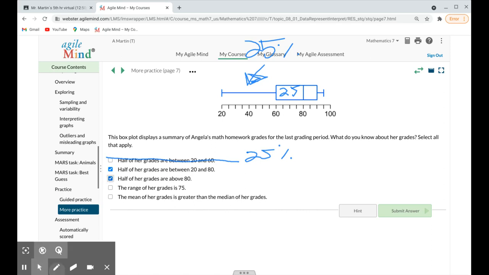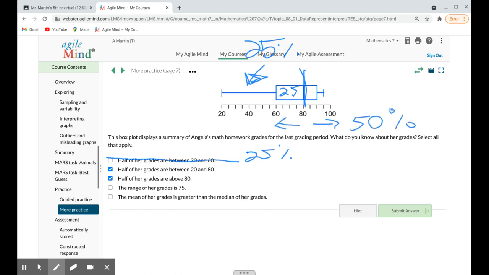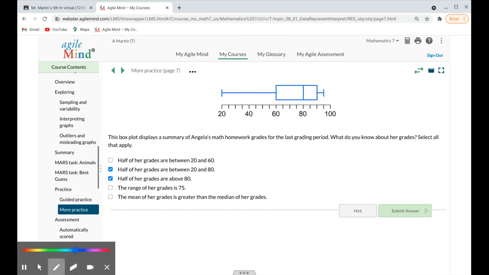I do. Because if this is 80 and that's the median, remember about the middle of the class, I said anything to the right of the median makes up how many percent? 50%. And anything to the left of the median makes up 50%.